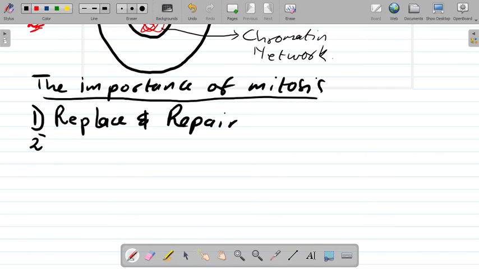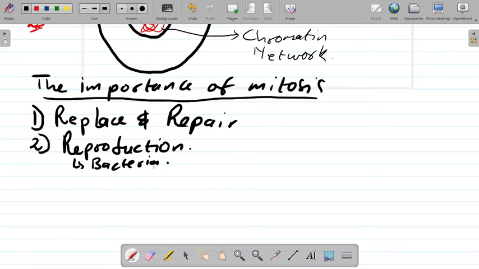Then number two, for reproduction. What do we mean by reproduction? Let's look at it this way. Remember, we have unicellular organisms, such as your prokaryotes, your bacteria, for example.